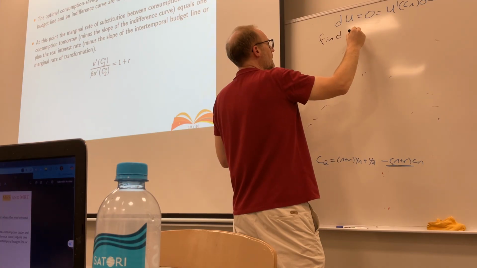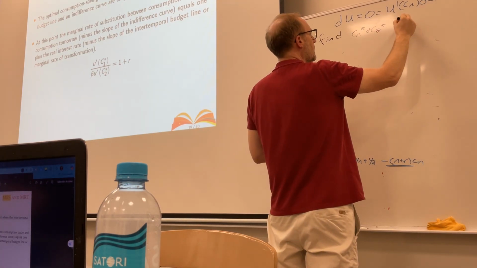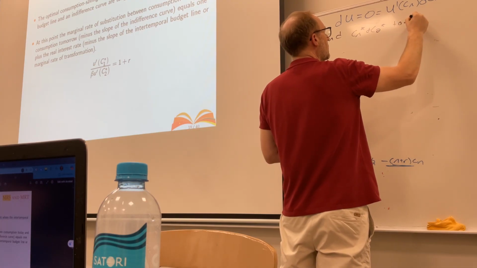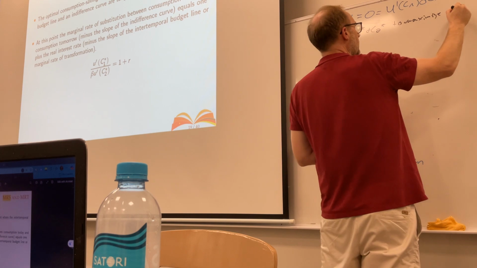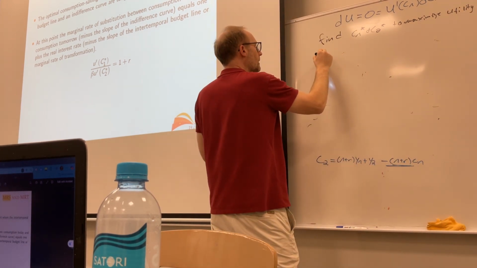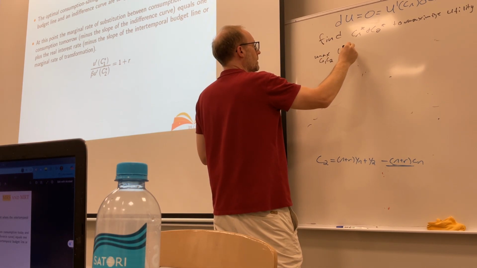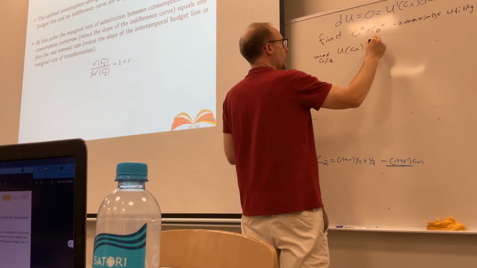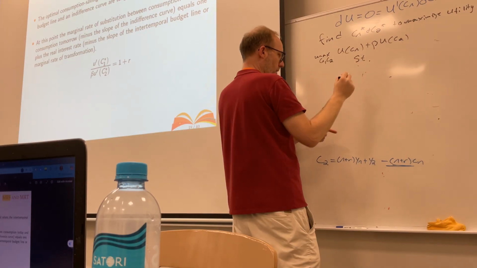find c1 star, c2 star, maximize utility. So max u of c1 plus beta u of c2 subject to the budget constraint.